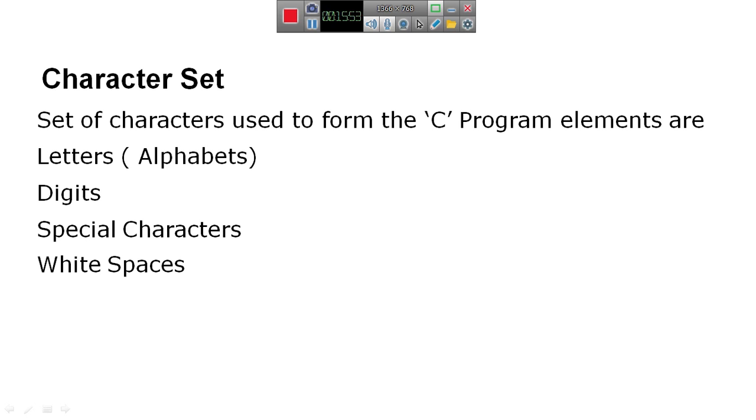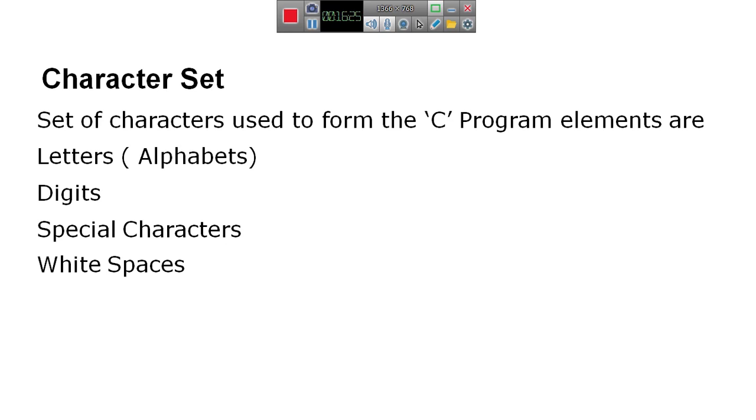So what is a character set? In a C program, all the statements are formed with a set of characters. The set of characters used to form the C program are called elements of the program.